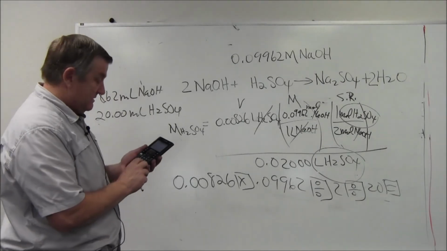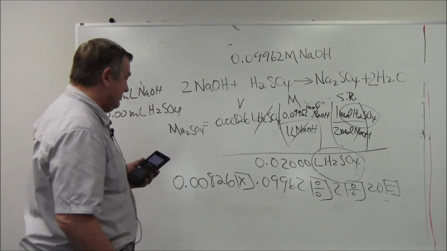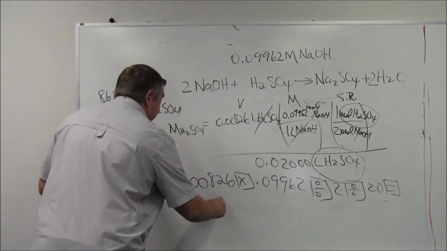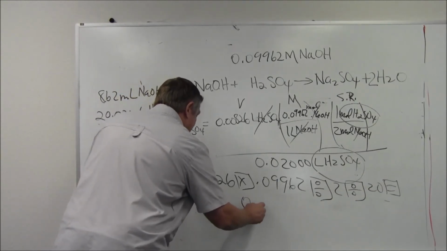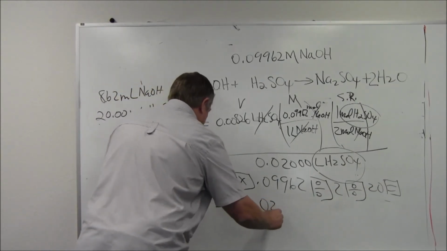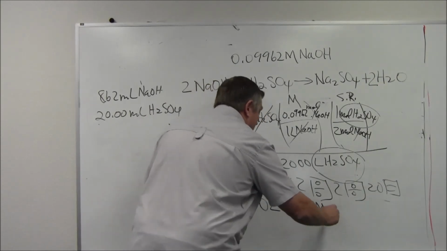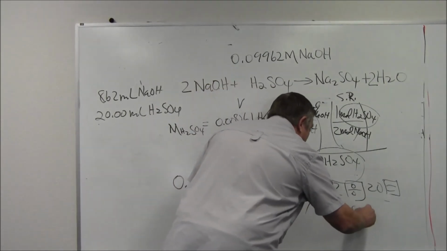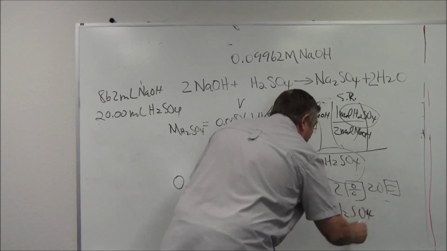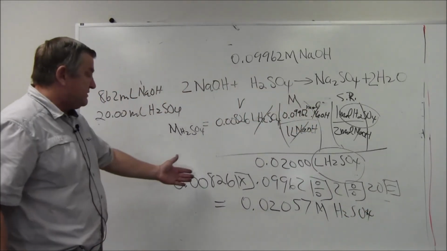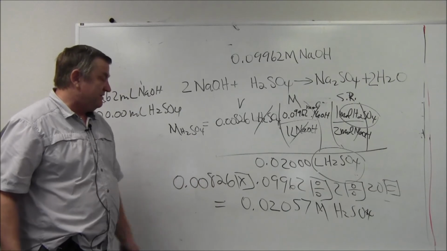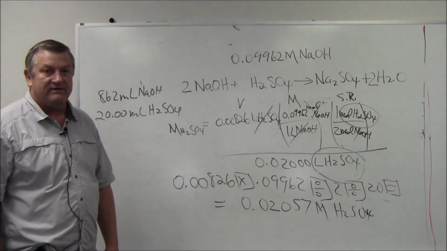I divided by 20 before. Enter. Now this one looks a lot better. And so that equals 0.02057 molar H2SO4. So the concentration of unknown acid is 0.02057 molar H2SO4.